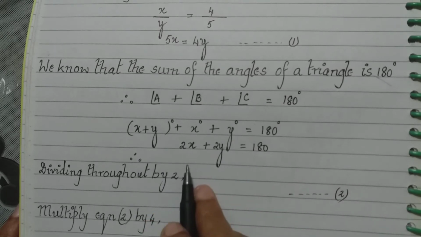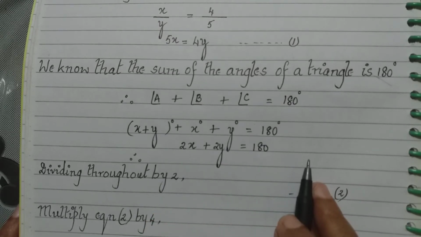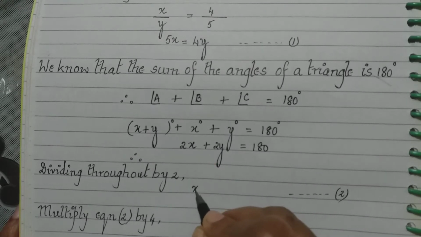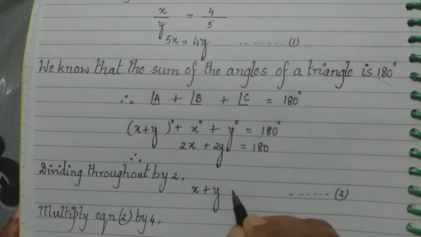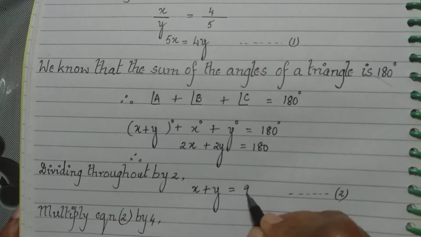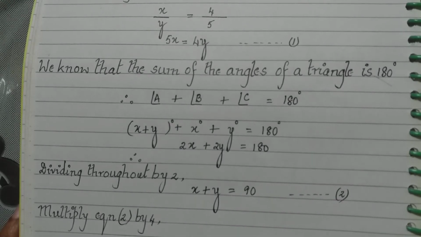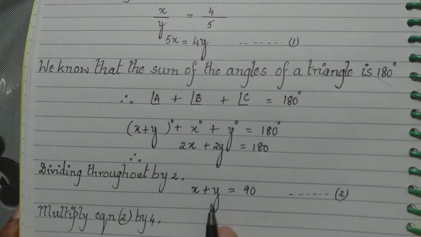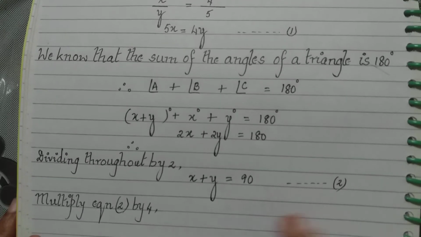Now we see that 2 is a factor throughout the equation. So dividing throughout by 2, this becomes x plus y is equal to 90. So we get the second equation, x plus y is 90. We have 5x is 4y, and x plus y is 90 degrees.